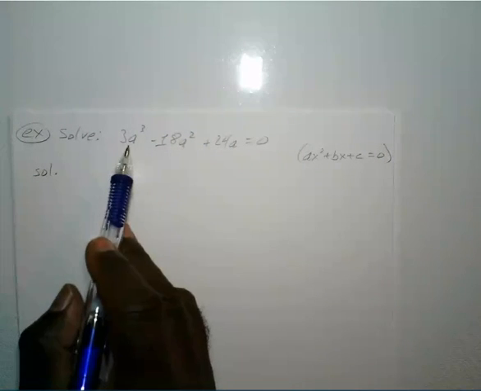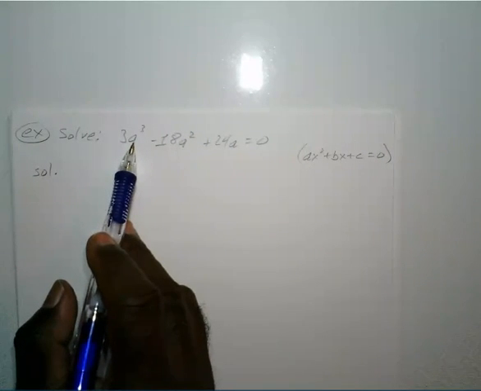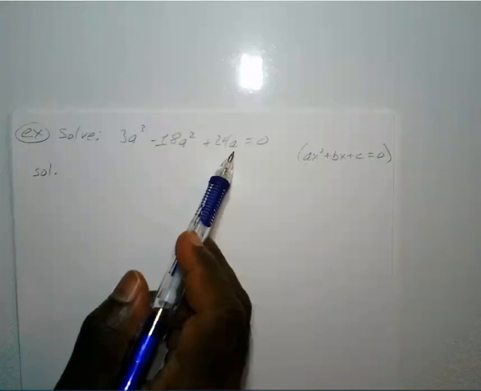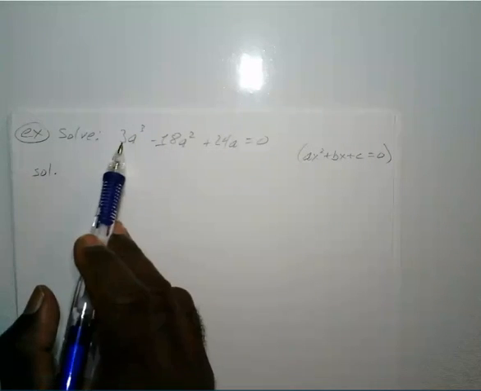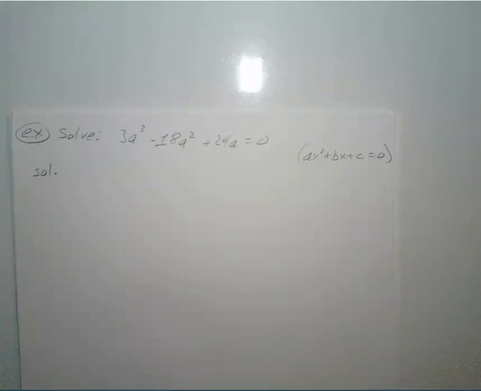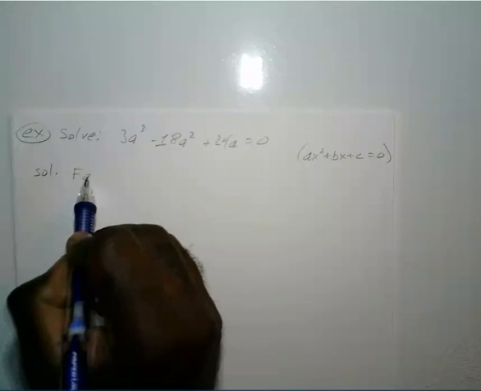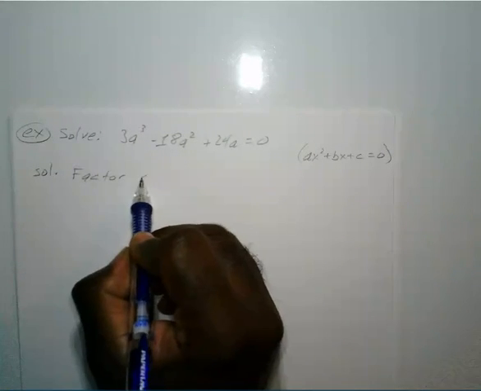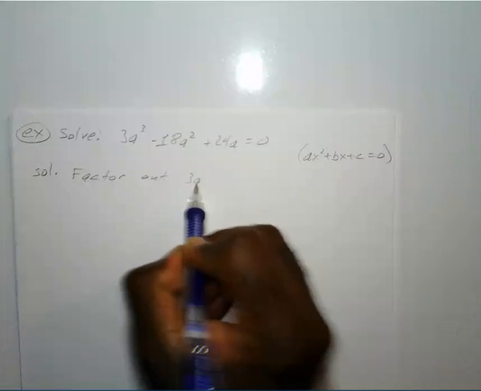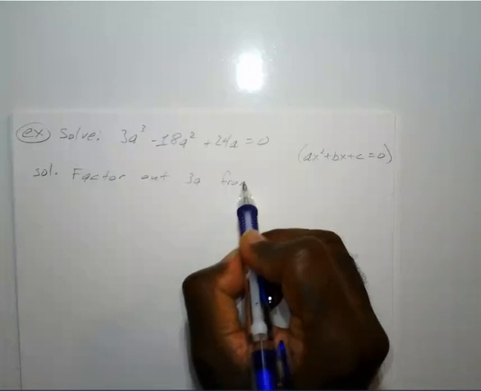Now, since we have an a to the third power, the good thing about it is we have an a in each term. And we also have a multiple of 3 in each term. So all we have to do is factor out 3a from each term.